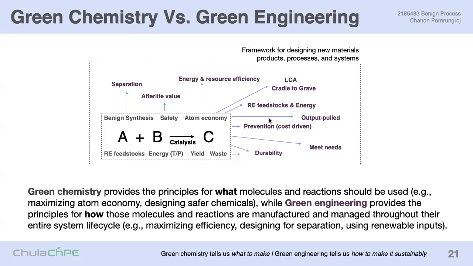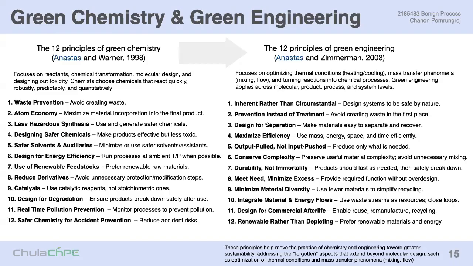Is it sustainable or not? This chart gives a very good idea of the difference between the green chemistry principles and the green engineering principles. I will stop here and give you 5 minutes to read this slide and each principle carefully, and then we will go from there. So please spend some minutes to read.